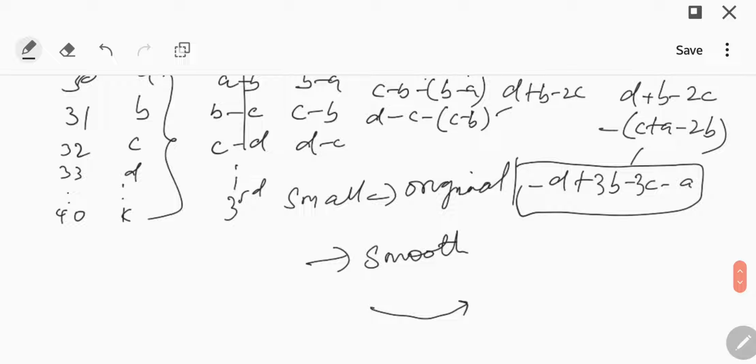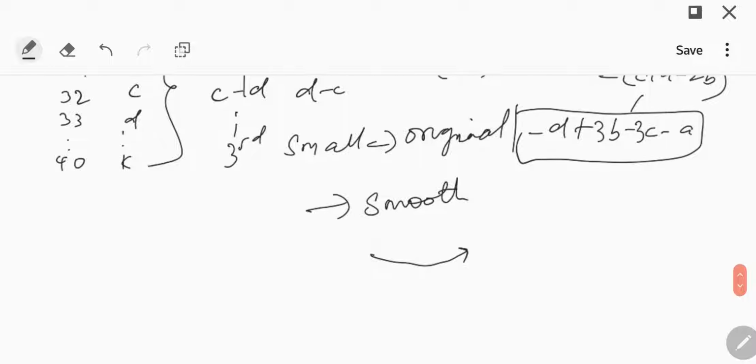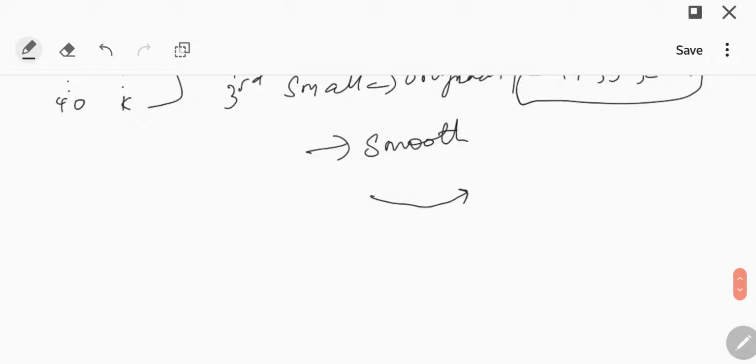So that is one important test we can use for testing the smoothness of the graduated rates. Okay, now we have to look out for testing for adherence. So this was for testing the smoothness of the data.